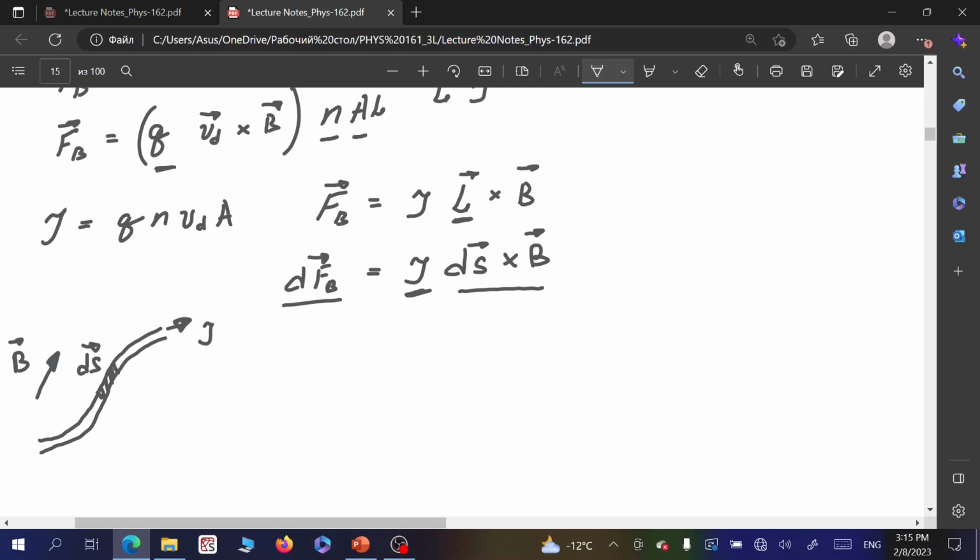And we can actually apply the same left hand rule in order to determine the orientation of the magnetic force exerted on a conductor with some electric current. In this case, instead of the velocity vector orientation, we will point four fingers of the left hand along the direction of electric current, because by definition, the direction of electric current is determined as the direction of motion of positive charges.